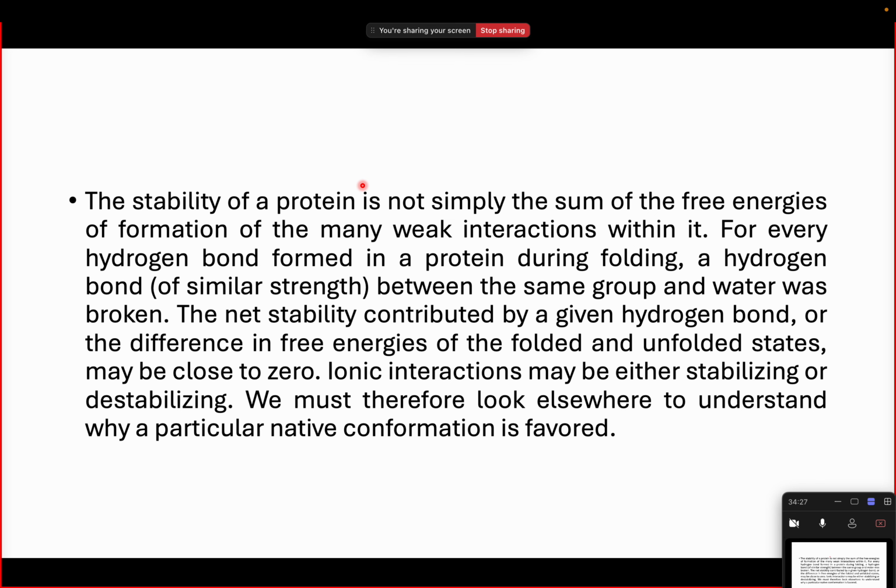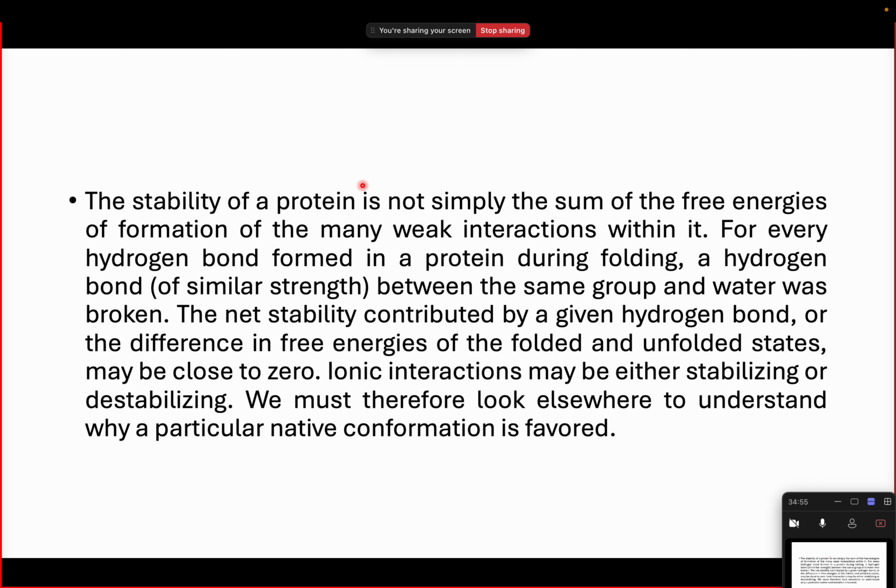So this is not as straightforward as we are trying to depict it, right? We are saying we can maximize the non-covalent interactions, which will minimize the total energy, and hence that will be the most stable structure. But if you look at the biological conditions, if a polypeptide chain is formed, it will be in an aqueous environment. There are amino acids which can form hydrogen bonds with the cytosol itself.